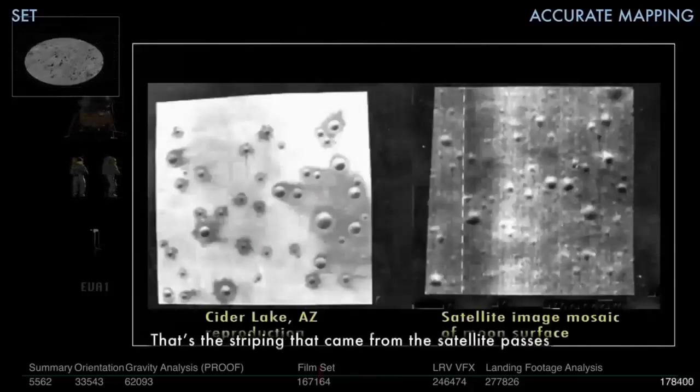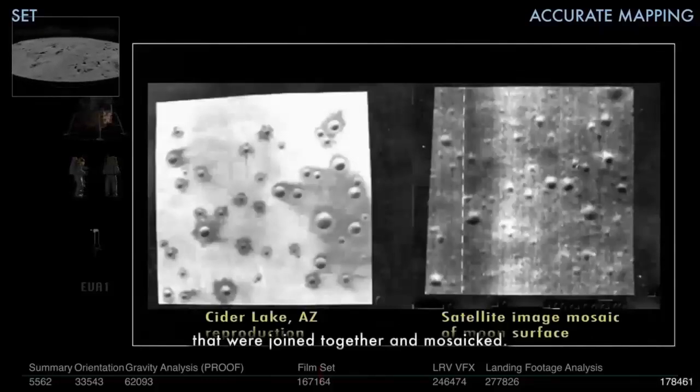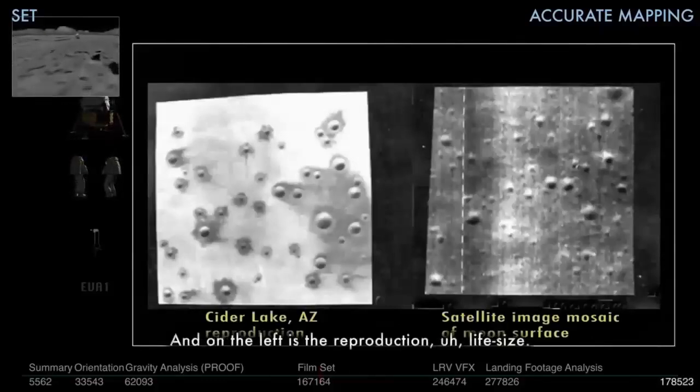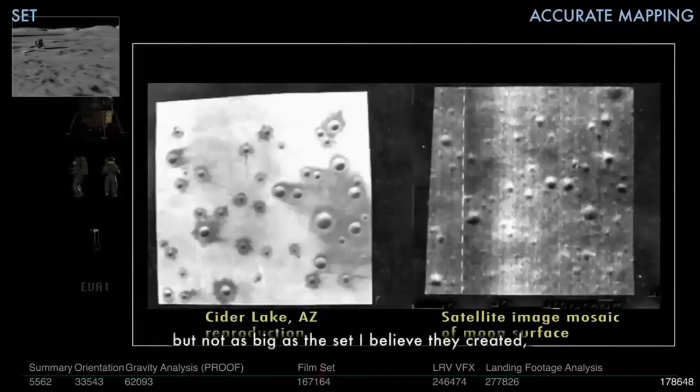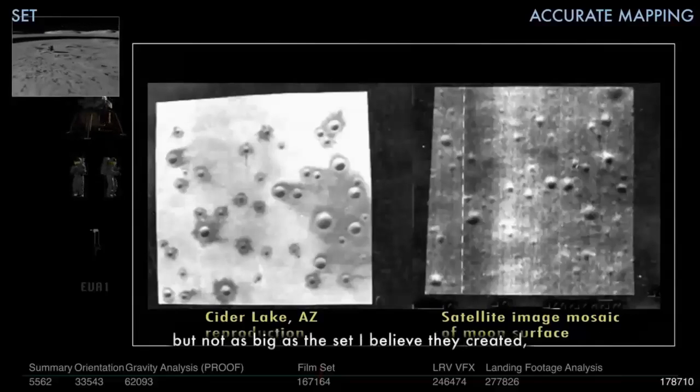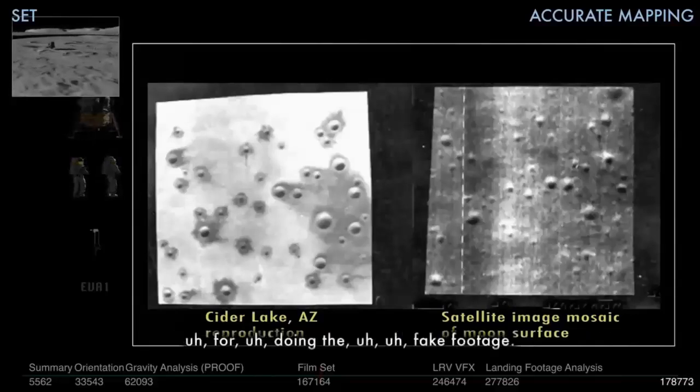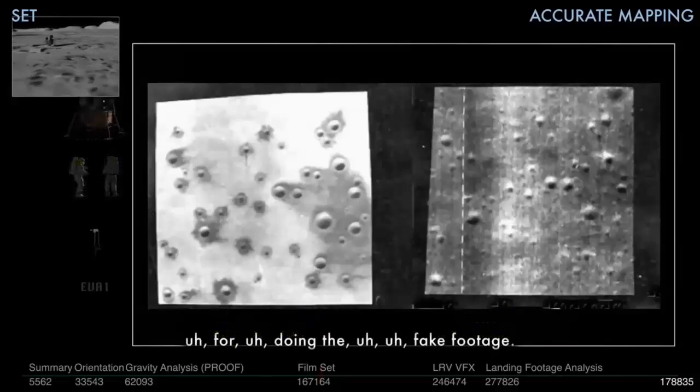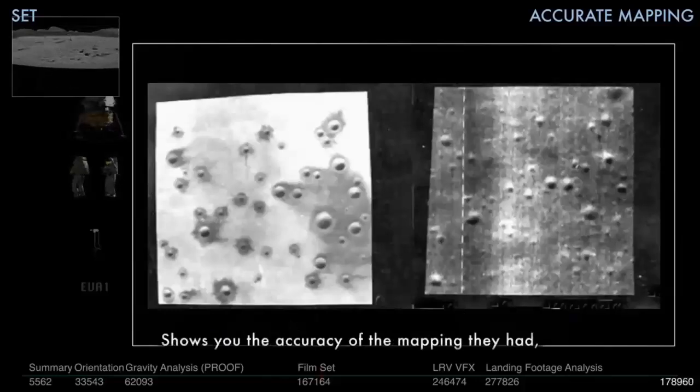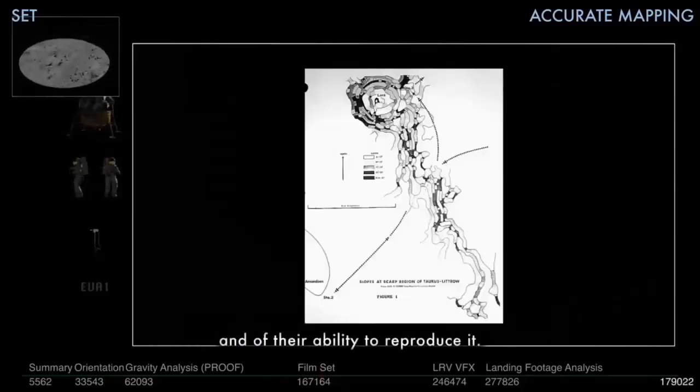This is the stripping that came from the satellite processes that were joined together and mosaicked. And on the left is the reproduction. And that's a huge reproduction, but not as big as the set I believe they created for doing the fake footage. But this is an extraordinary thing. It shows you the accuracy of the moon mapping and their ability to reproduce it.